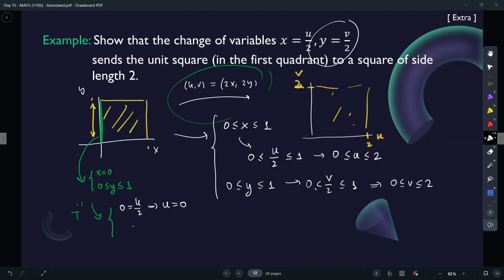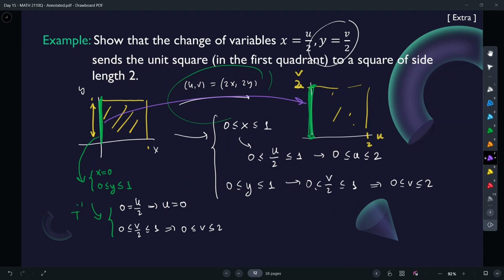And also, it will tell me that v divided by 2 is between 0 and 1, so it's between 0 and 2. So this side over here goes to what side? This is u is 0 and v is between 0 and 2. So this maps to here. Okay, so this whole thing is being mapped. This side is mapped to that side.